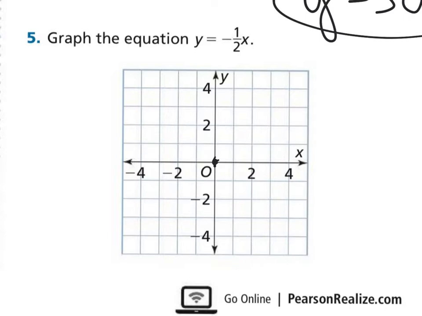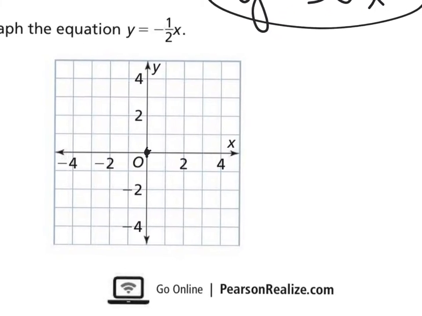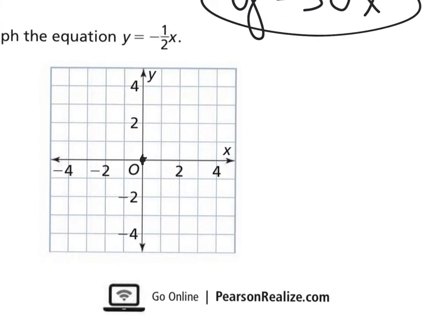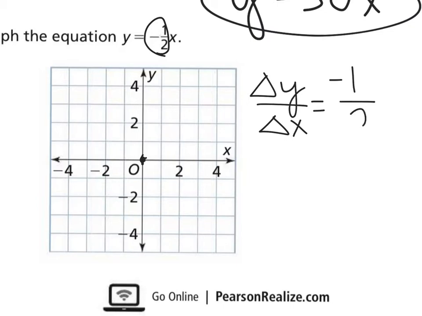To find that other point, we have a couple different options. One option is we know from the equation that our slope is -1/2. A slope is a change in y over change in x. So the negative they put next to the fraction, I'd like to put it up in the numerator. And so change in y is -1, which means from that point we can go down 1.